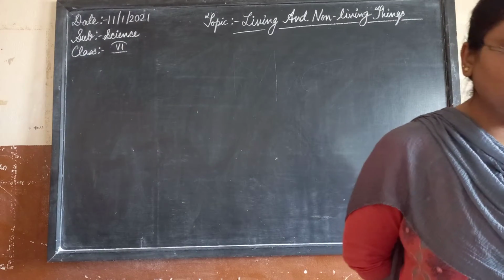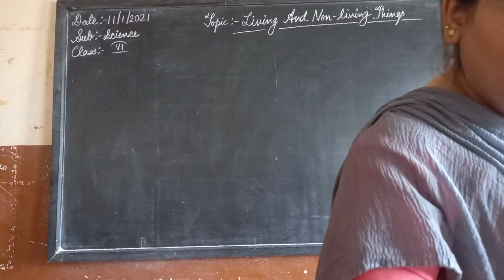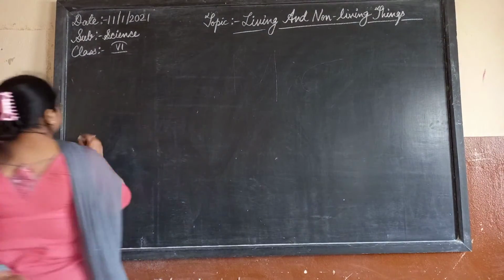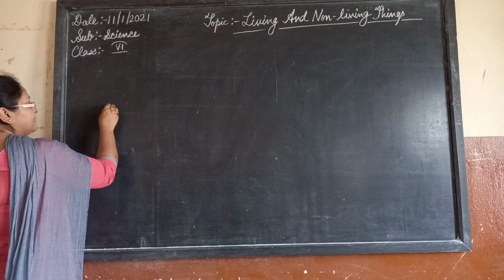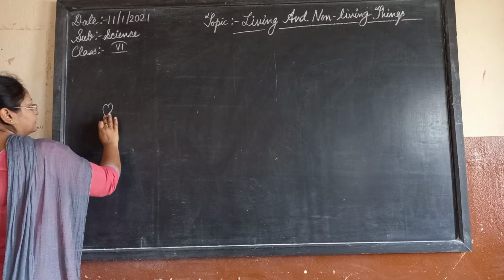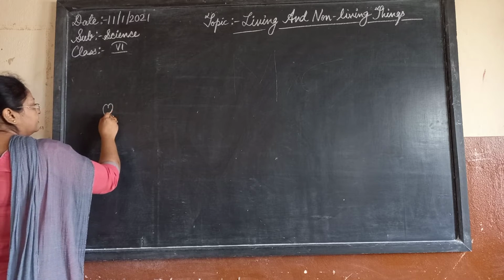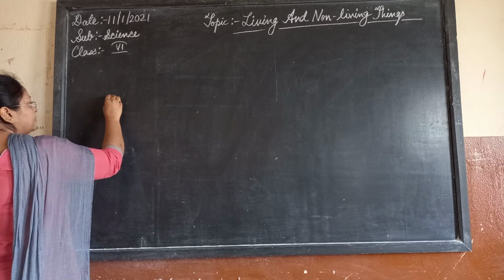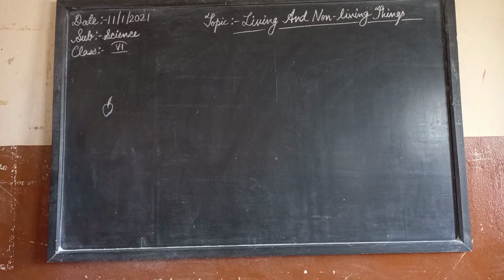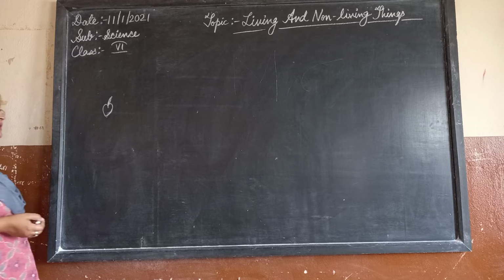Now, living things grow. We know it very well. Take germinating seeds, for example: a pea plant, green peas, or different types of seeds like rajma or soya bean.